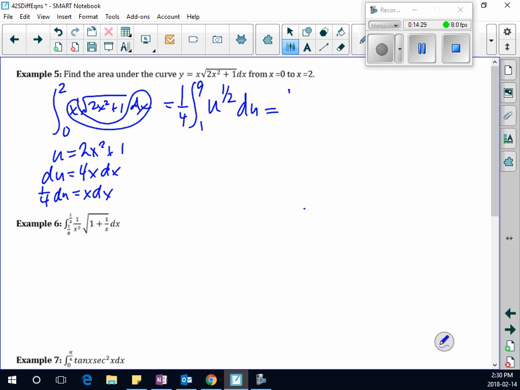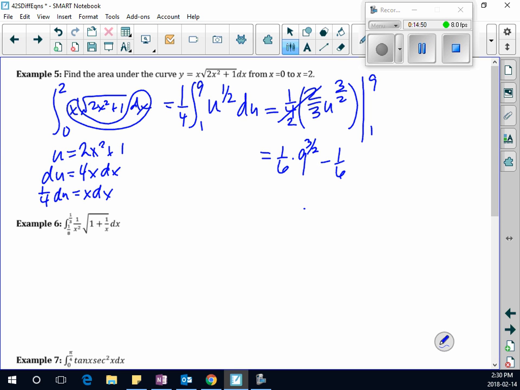So then this is going to be 1/4 times, you add 1, so that's 3 over 2. So 2 over 3 u to the power 3 over 2 from 1 to 9. These cross cancel. So you get 1/6 there. So you get 1/6 times 9 to the power 3 over 2.